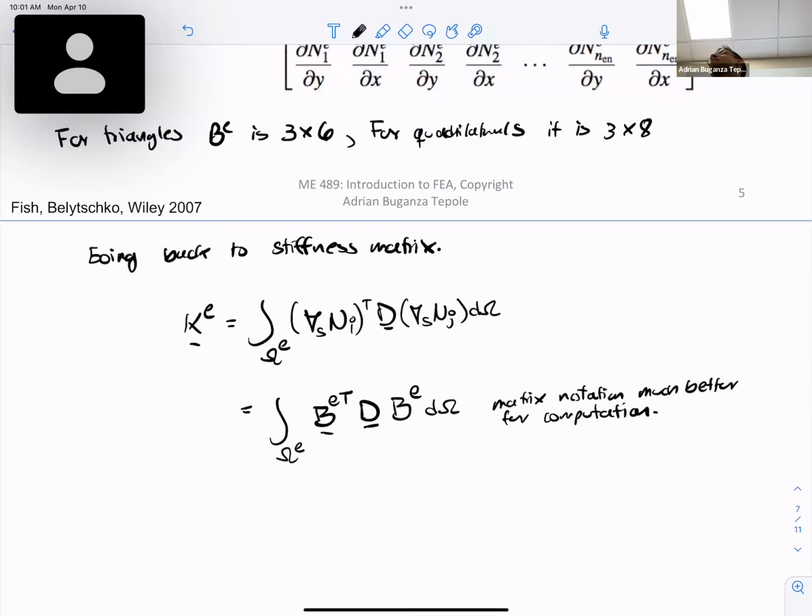But for the elasticity problem, I have twice as many rows and columns, so it gets pretty tedious to do every single component. So it's better to do it with the B matrix, times D. The D is a matrix with the mechanical properties. I'll introduce that in one of the next slides.